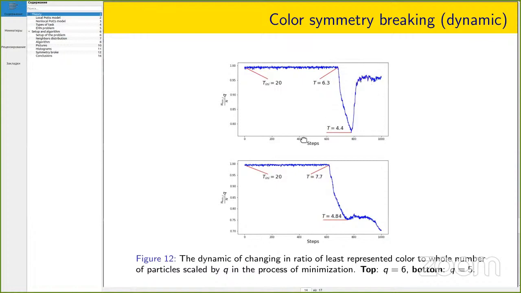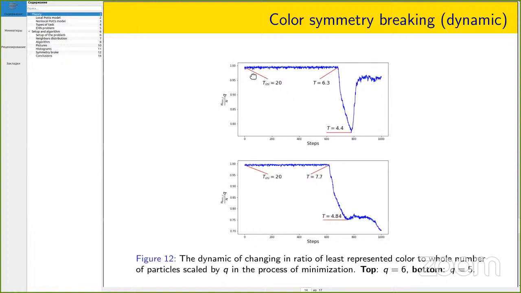But for 5 colors, we see that after the fall there are some attempts to restore, but eventually the number of particles with the minimal color falls down even more. So yes, this is a very interesting effect, and this is just an illustration of how things can go.